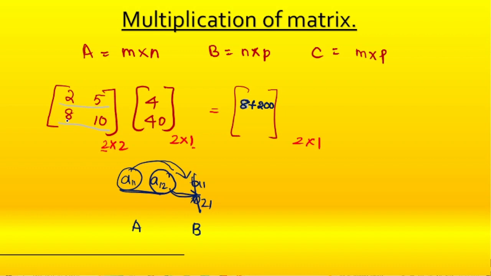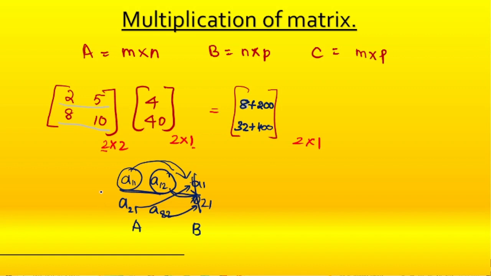And here again, A21 you multiply with B11, and A22 with B21. Now 8 into 4 is 32, plus 10 into 40, which is 400.